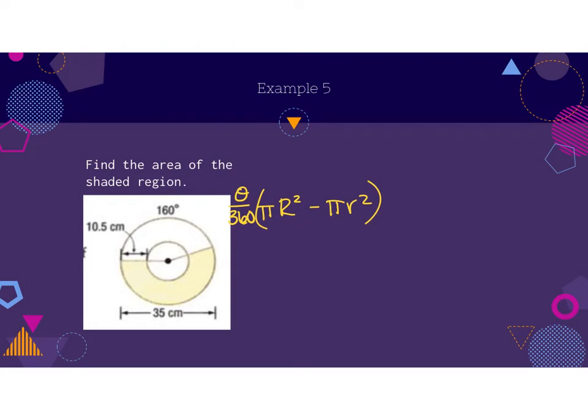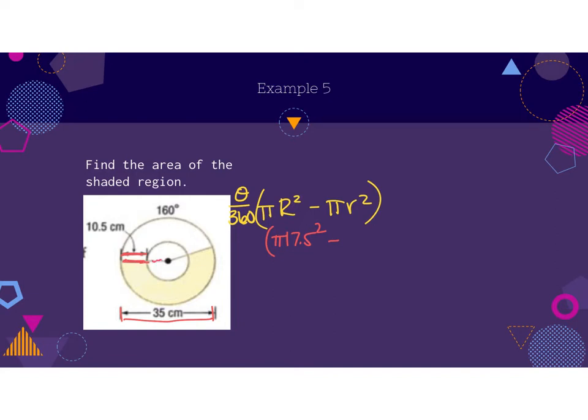So for our big radius for the big circle, we're going to use the diameter of that circle, which is 35. So half of that is 17.5. Now we need to find our little radius, and it looks like this part here is 10.5. So we need to take the whole diameter and subtract this away.